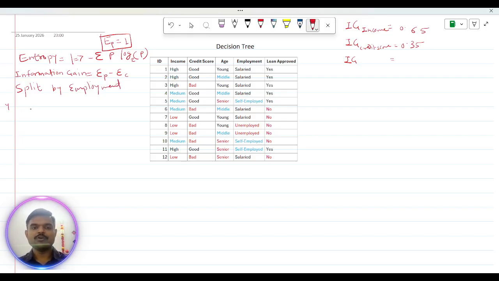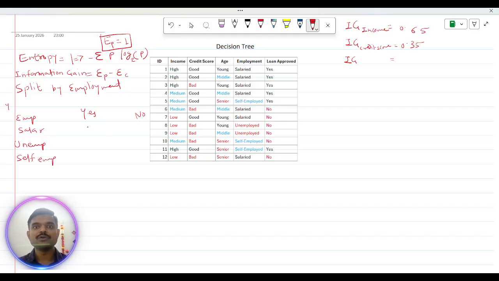So split by employment here we have employment, then how many yes are there, then how many no are there. Employment: salaried, unemployed, then self-employed.